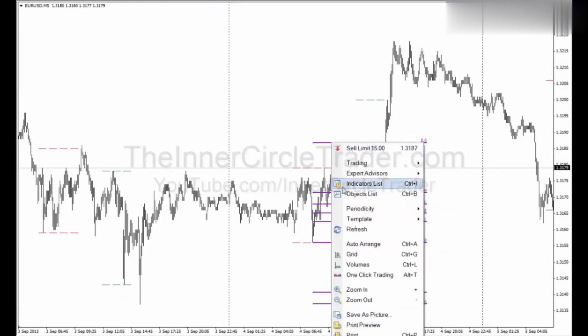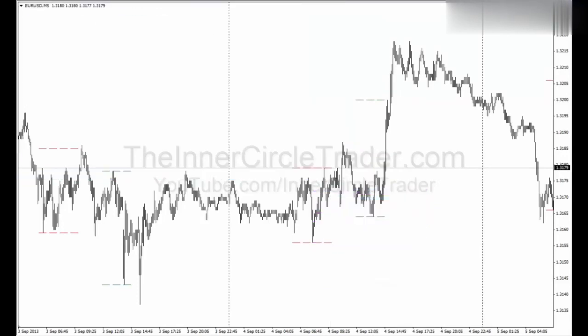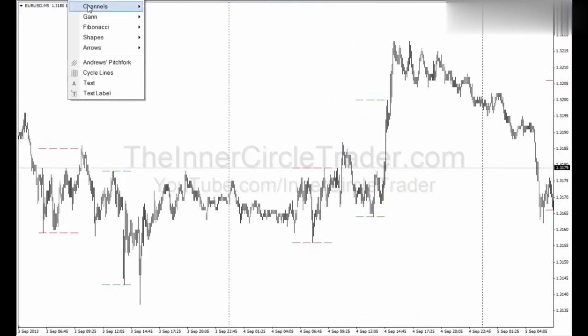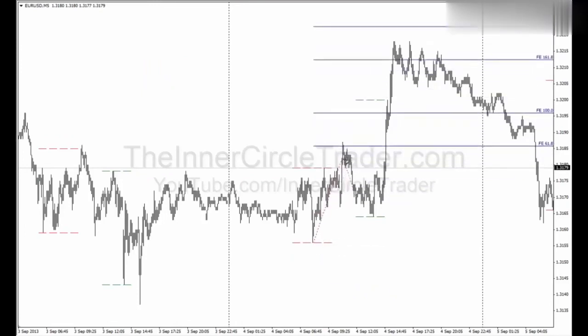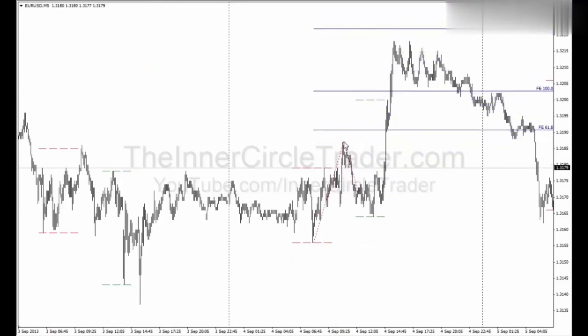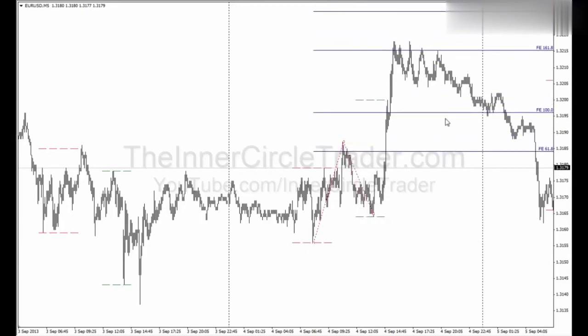If you use your Fibonacci tools, here's your 162 extension, nailing it for the high.